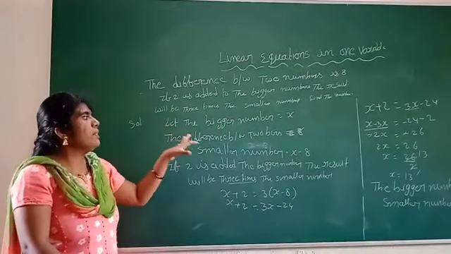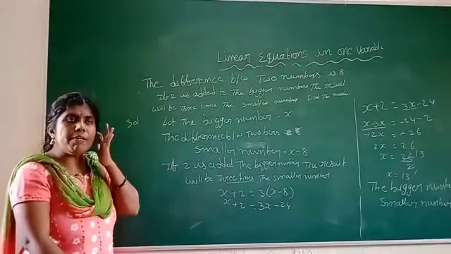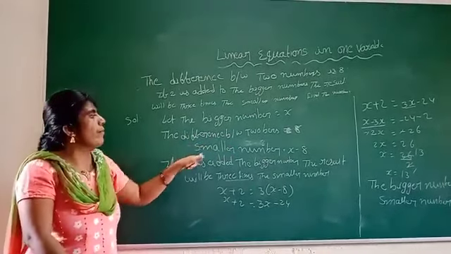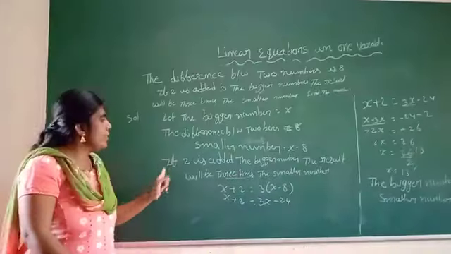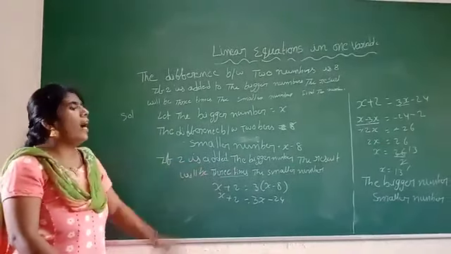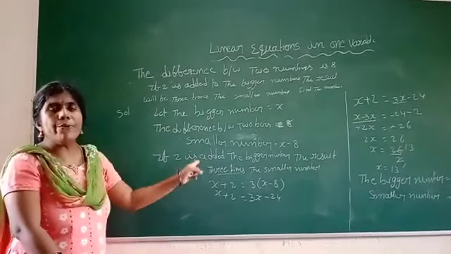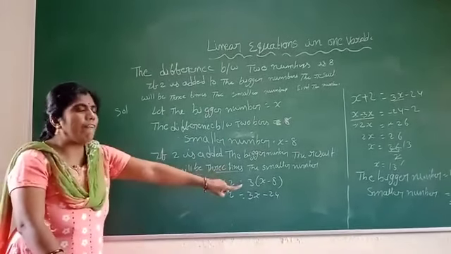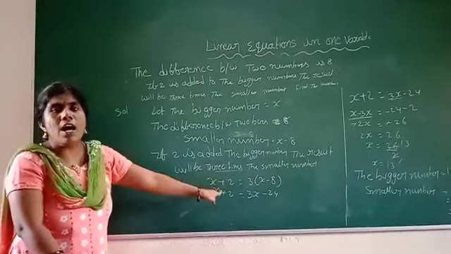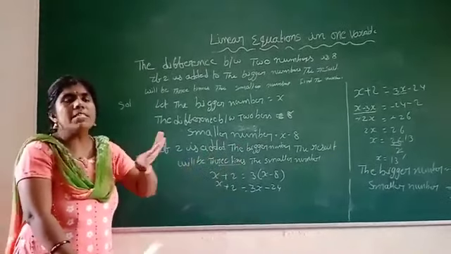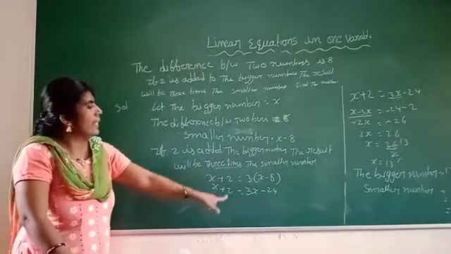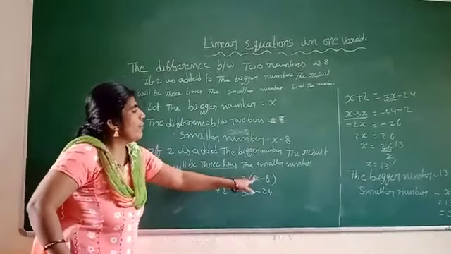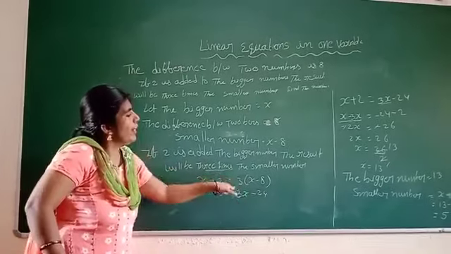Second, the difference between the two numbers is 8, so the small number equals x minus 8. Next step: if 2 is added to the big number, x plus 2. Then 3 times the smaller number means multiply 3 into x minus 8. So x plus 2 equals 3 into x minus 8, which is 3x minus 24.